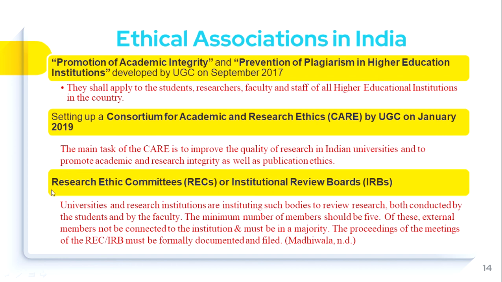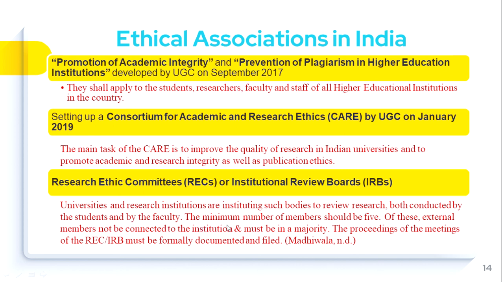So the next is research ethics committees or institutional review boards. These are available in all universities and educational institutions where research is conducted. The university and research institution institute such bodies to review the research conducted by the students, the research scholars, as well as by the faculty.